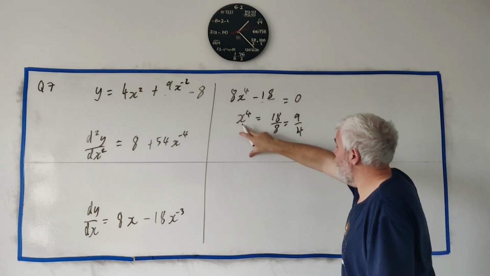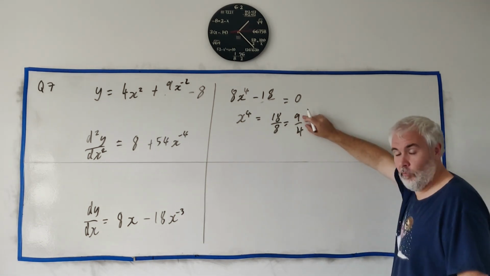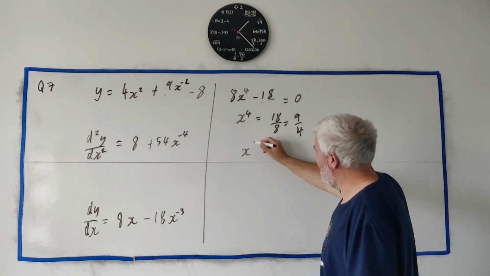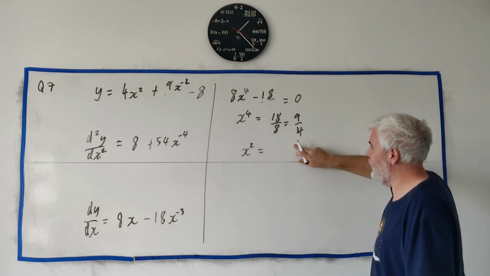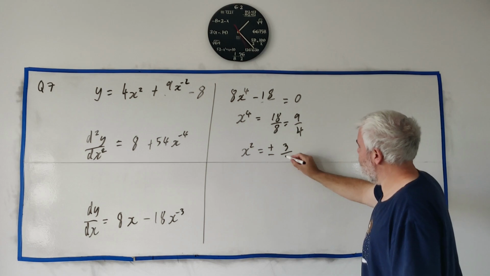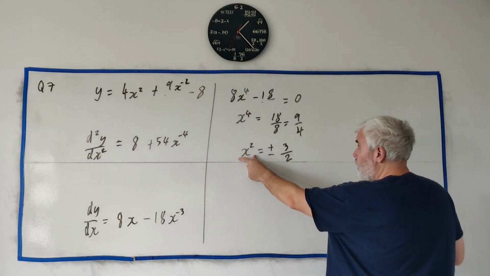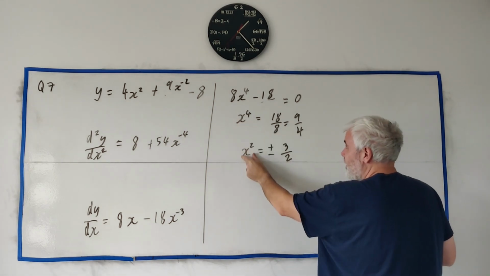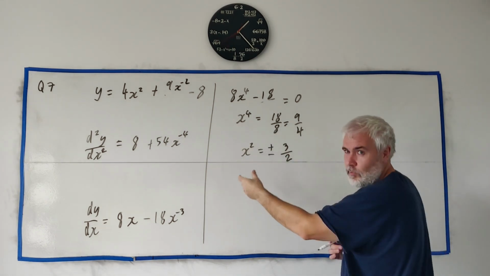So we just need this to the power of 1 over 4. It doesn't go in fully evenly, but let me write it like this. x squared would be the square root of both these, plus or minus, this would be 3 and this would be 2. The plus or minus appears not when we take the square root, but if something's squared, x to the power 4 is x squared squared.